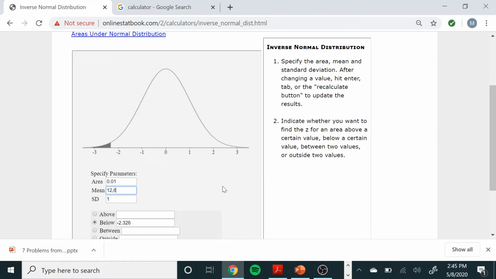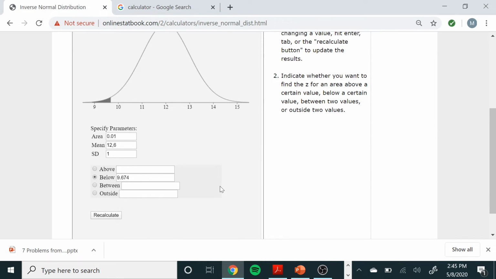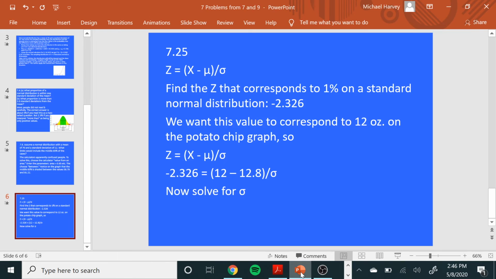You see what I mean? You have to put in a standard deviation, though, and the standard deviation is what we're trying to find. So we don't know that, but that's going to be an X score, and he tells us that X score is 12. Okay, so you can't use this calculator. What we need is to use this formula here. So this is how you do it.